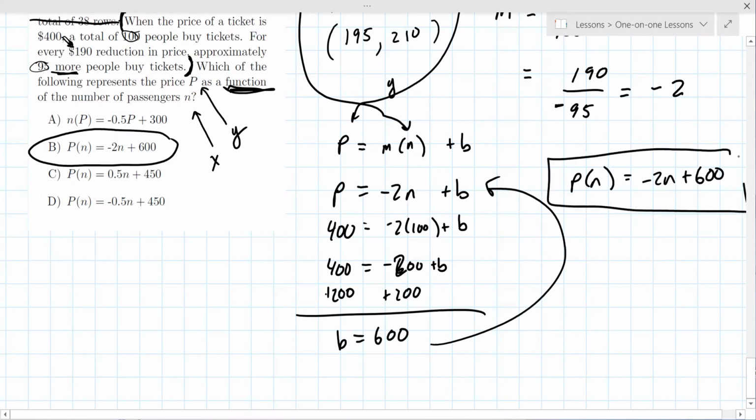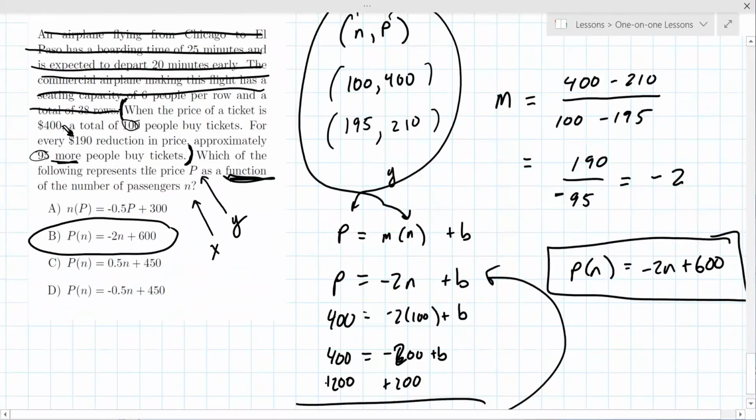Okay, so if you understood that, the key here is being able to extract the two data points, come up with the slope, and then depending on the answers, maybe find the b value. Right, okay. So let me pull up, let me grab more of these questions. Let me make sure I got that.